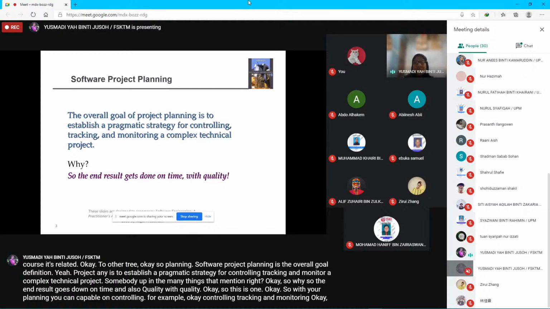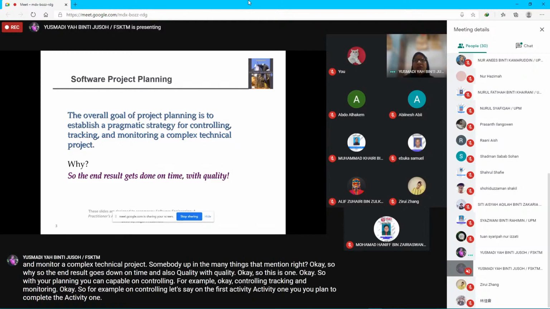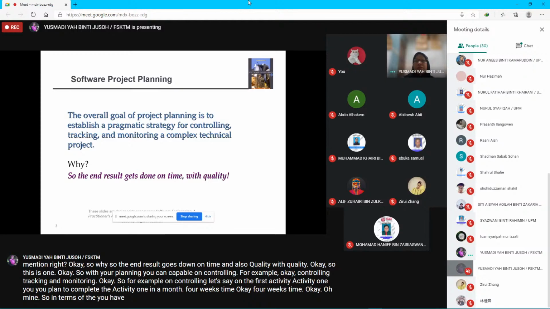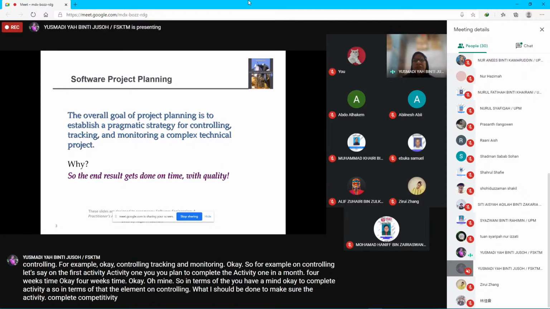For example, on controlling, let's say on the first activity, activity 1, you plan to complete it in a month, 4 weeks time. So you have a month to complete activity A. In terms of controlling, what should be done to make sure that activity A is completed on time?